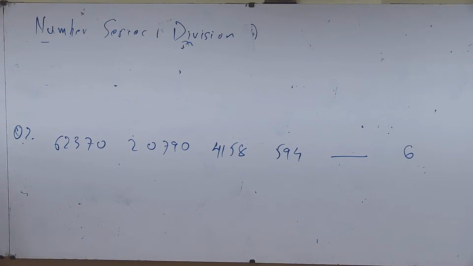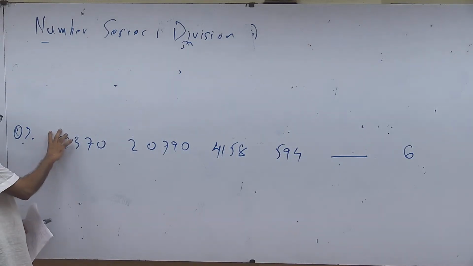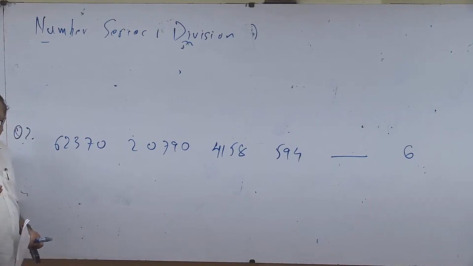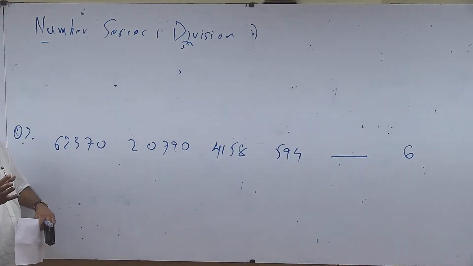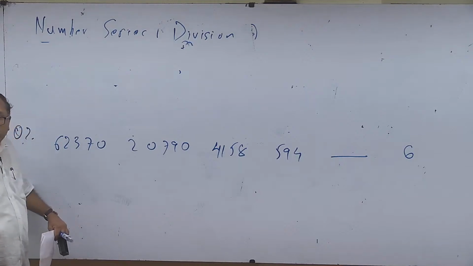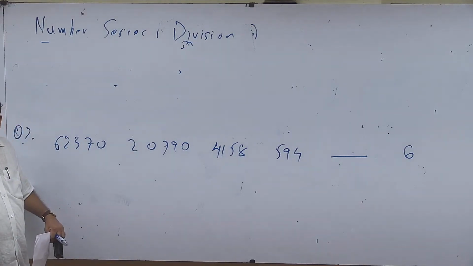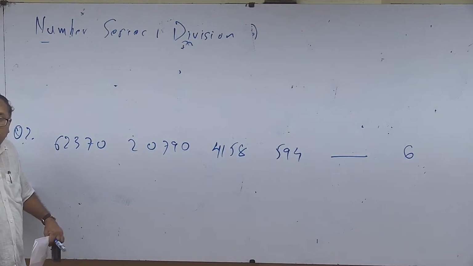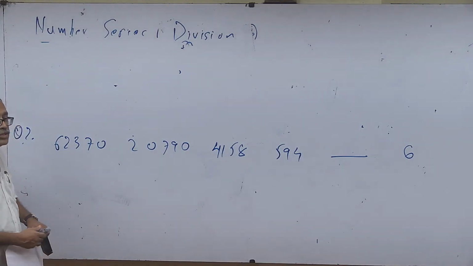What is happening? Look at this, there is 60,000 plus, this is 20,000 plus. Taking a very rough observation, that is 60 and 20 divided by 3. First divide by 3 and then find out whether any adjustment is needed or whether it is exactly divisible by 3.